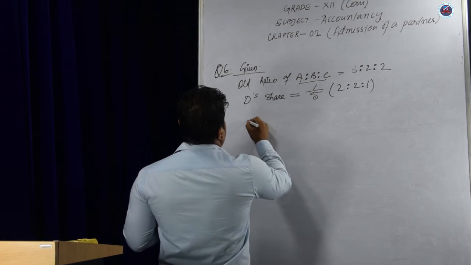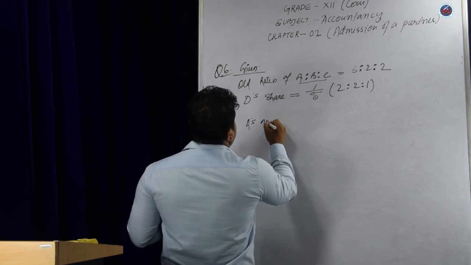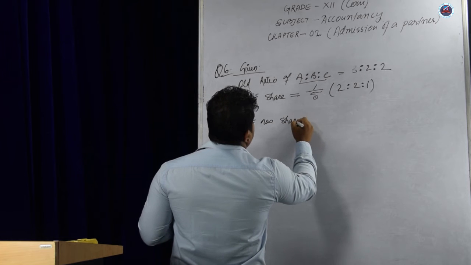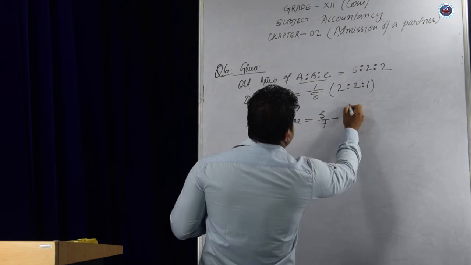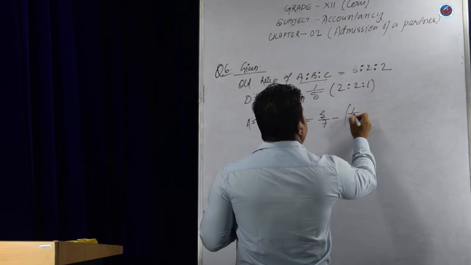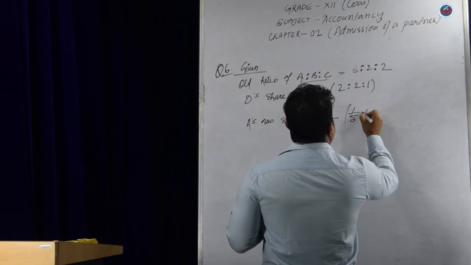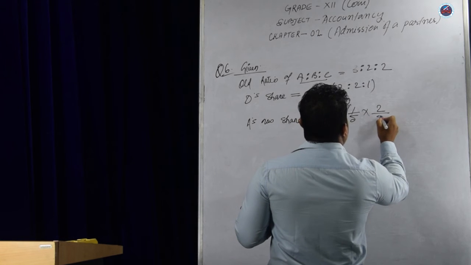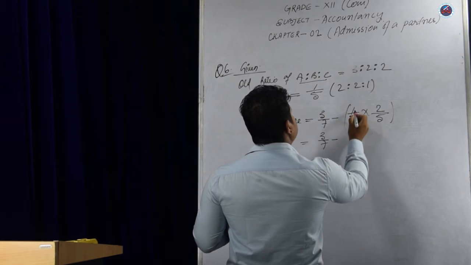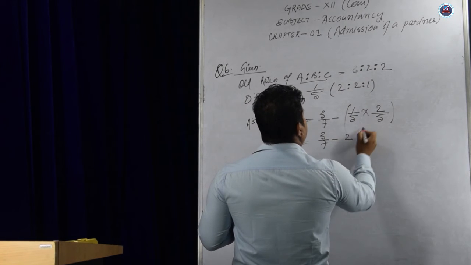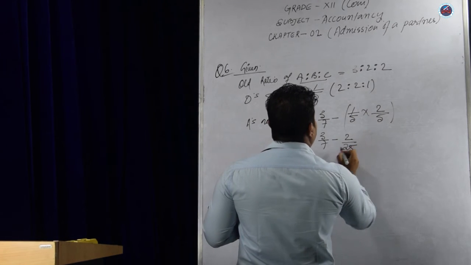So A's new share is equal to 3/7 minus 1/5 into 2/5. So 3/7 minus 2/25.